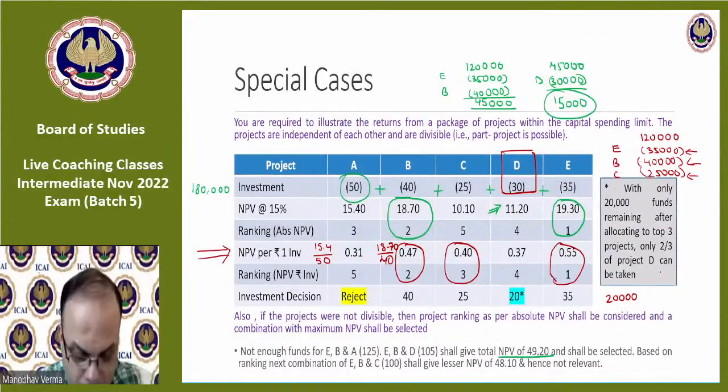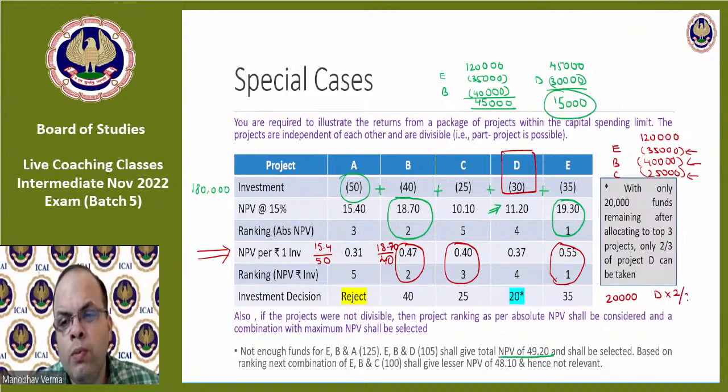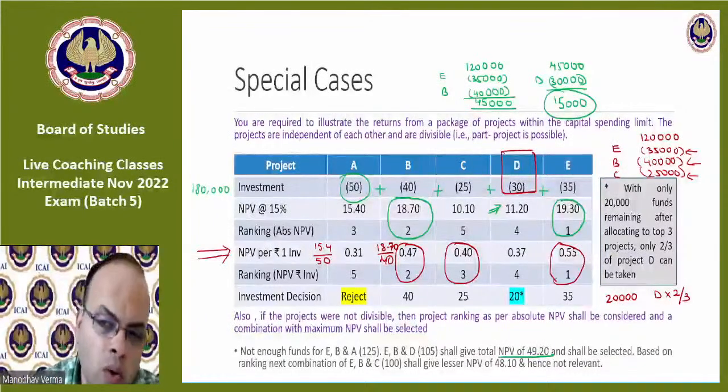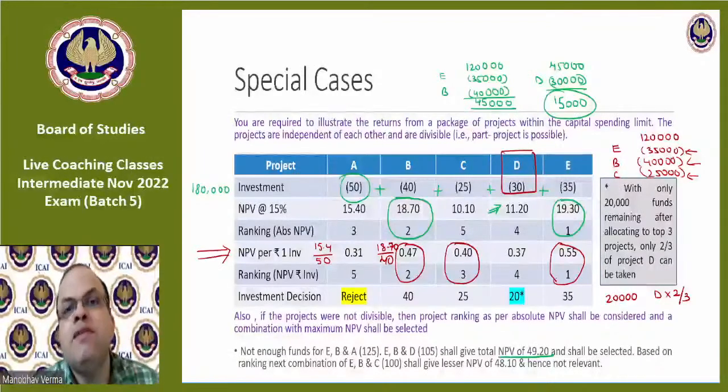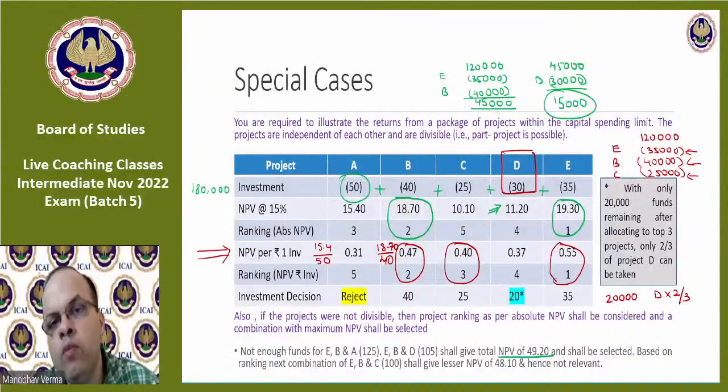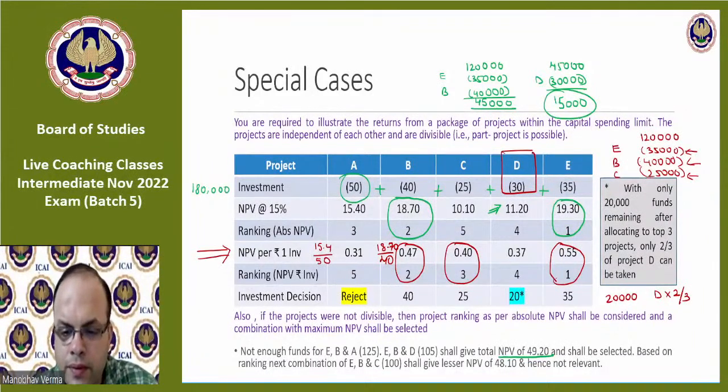But since my assumption is that projects are divisible, can I take care of 2/3 of project D, guys? Yes or no? Can I take 2/3 of project D? Because we are following an assumption that projects are divisible here. What do you think, guys? Let us see some responses here.